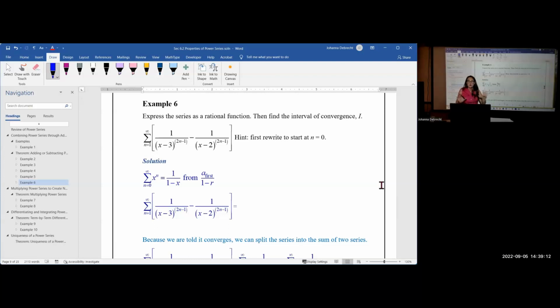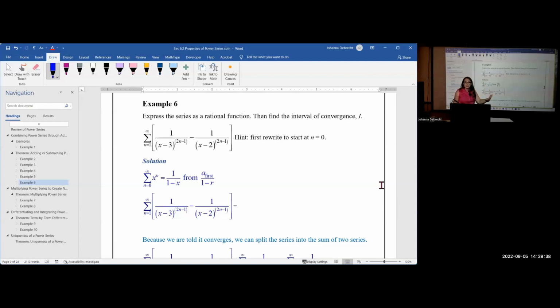So you have a choice to make here. You could do what we did in the previous one, which is compare it to the power series from n equal 1 to infinity of x to the n, which converges to x over 1 minus x, or you can change the index of summation starting at 1 to starting at 0.